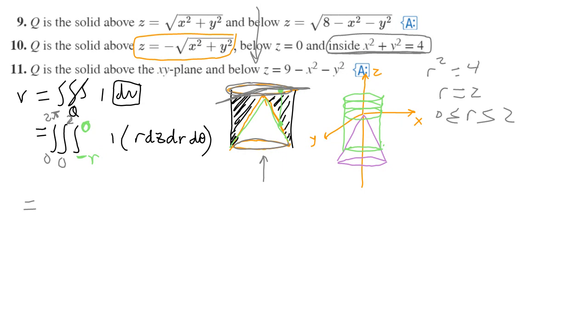And now you can evaluate this integral from 0 to 2 pi, from 0 to 2, R outside this integral, so 1 dz. The antiderivative of 1 is z from minus R to 0. So R, yes.